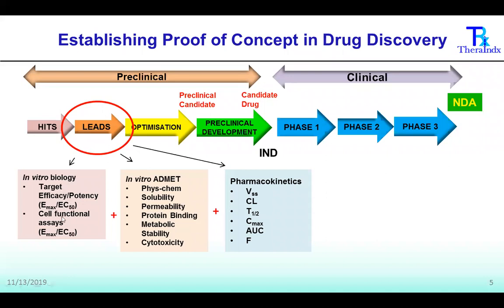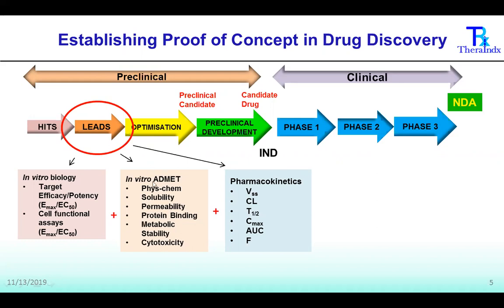They're also tested in cell functional assays where the hypothesis of inhibiting the target inside a cell results in a specific physiological endpoint. Some of these compounds are also profiled in vitro for ADMET, that is absorption, distribution, metabolism, excretion, and toxicology, ranging from physicochemical properties, solubility, permeability, plasma protein binding, metabolic stability studies, and cytotoxicity.